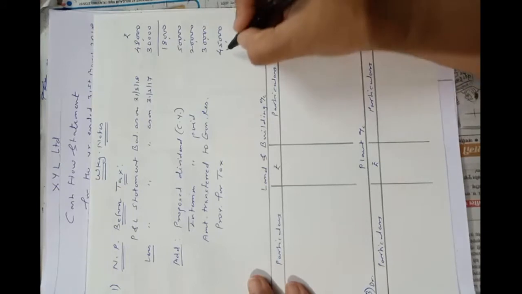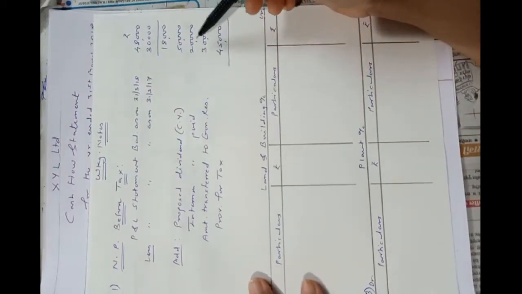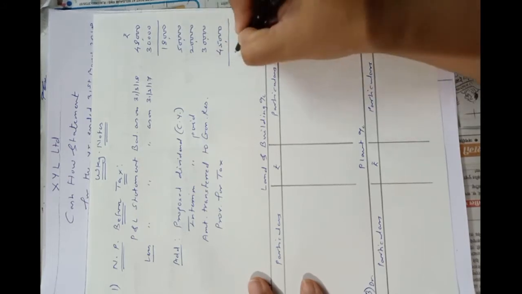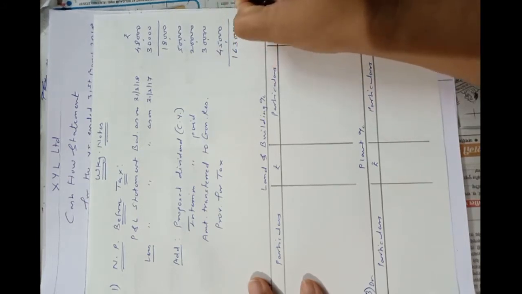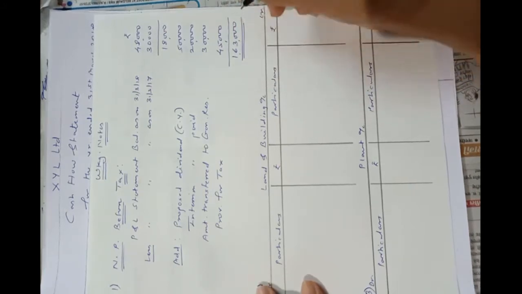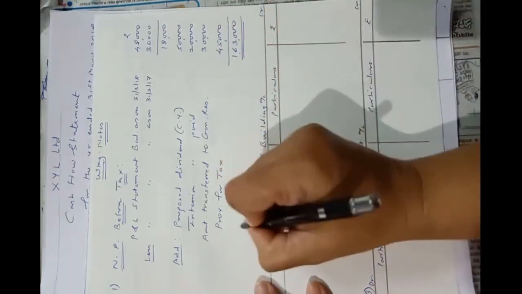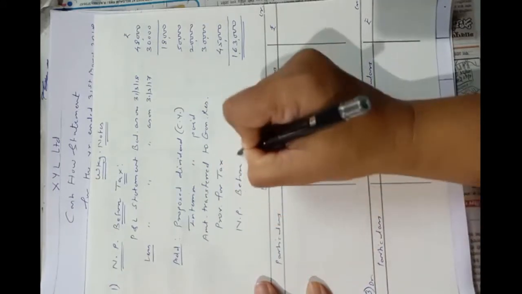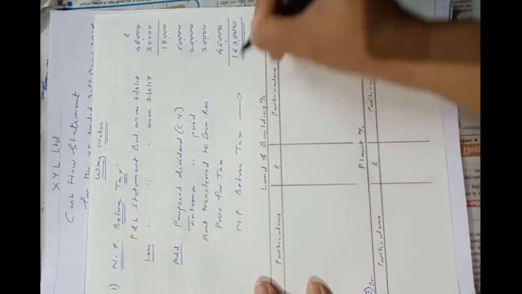So let's add all these items now. It is 1,63,000. So net profit before tax in this problem is 1,63,000.